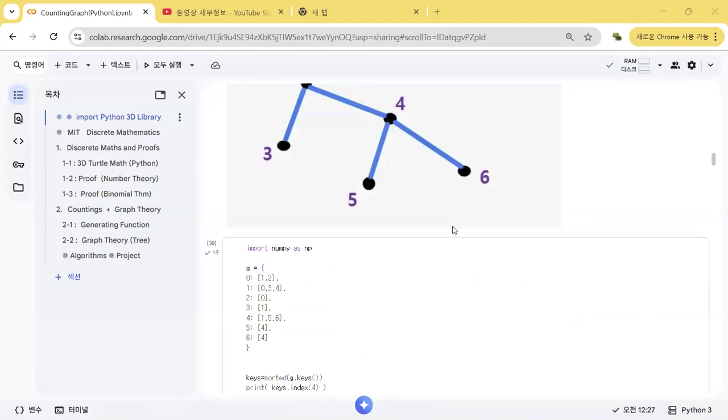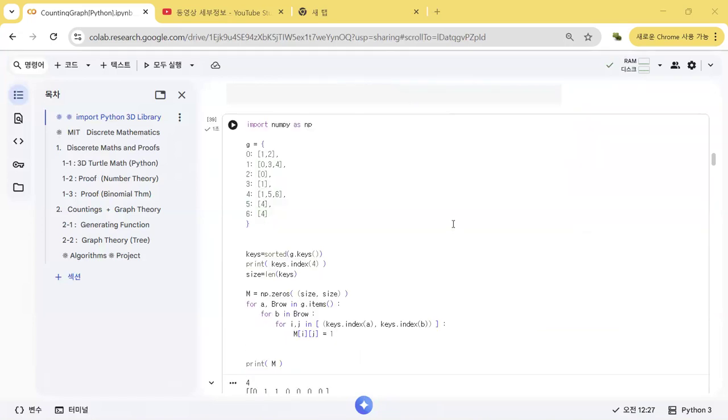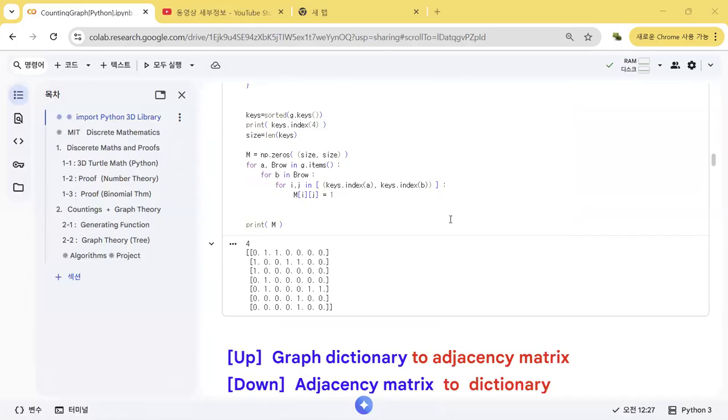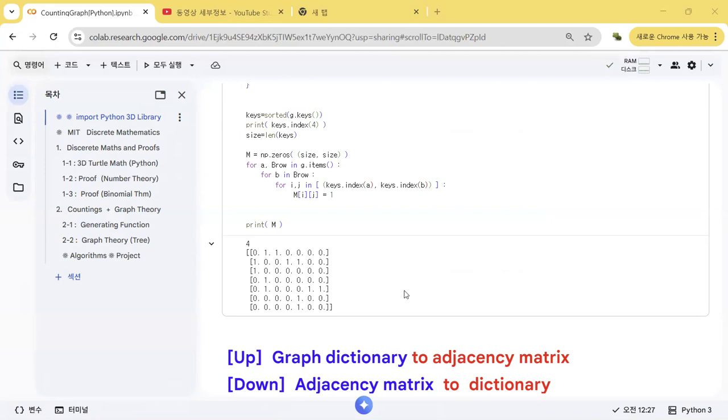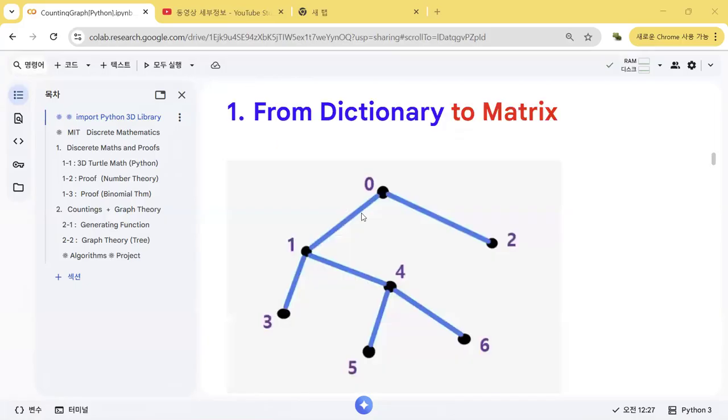Even though this is a simple one, this is an important code, because for this kind of thing there is a for loop, another for loop and another for loop, like this. So there are three for commands like this, so there is somewhat multiple repetition, and also there is another important thing.